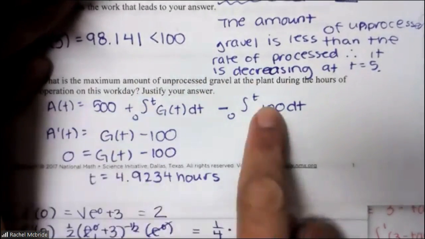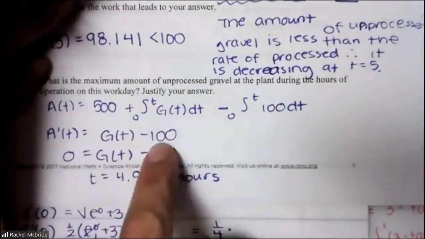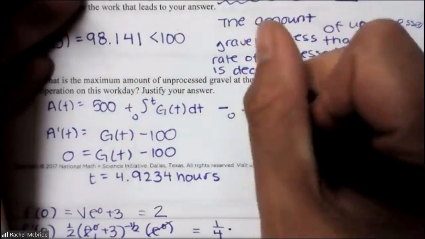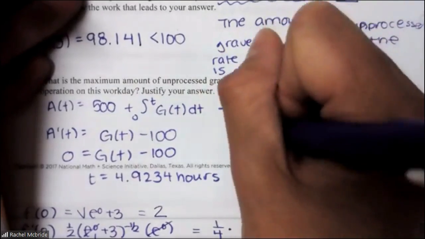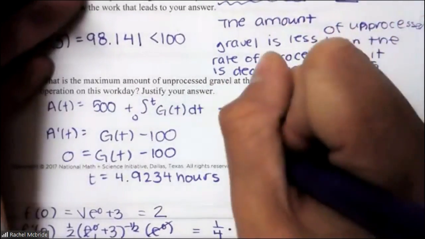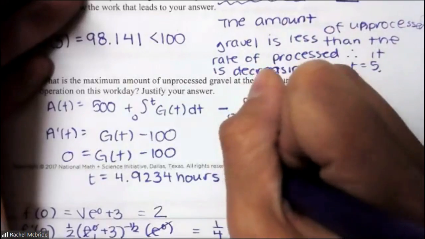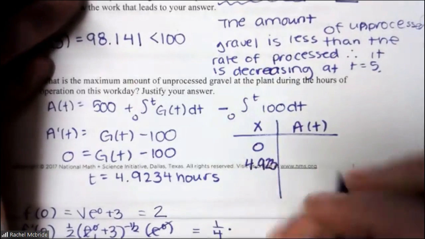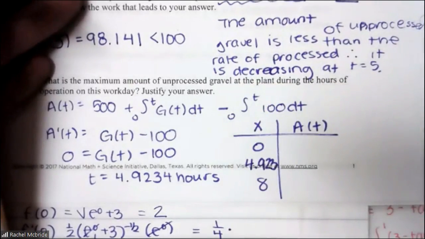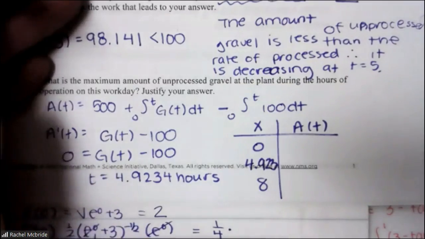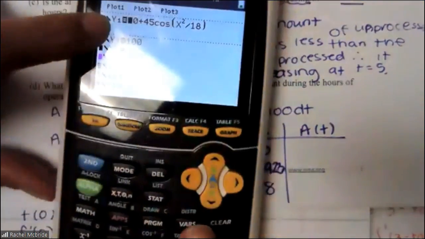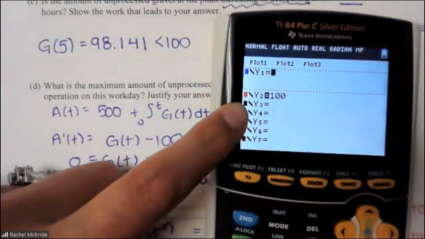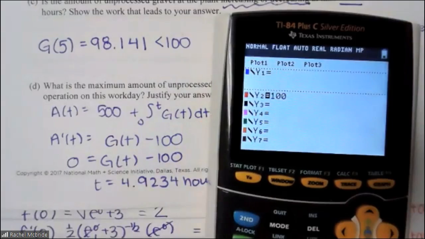So FTC, this is an EVT because I got to check my initial condition, which is 0. I got to check my point of intersect, and I got to check the end of the day. So again, I'd make my life easy. In here, I would not erase my y1.